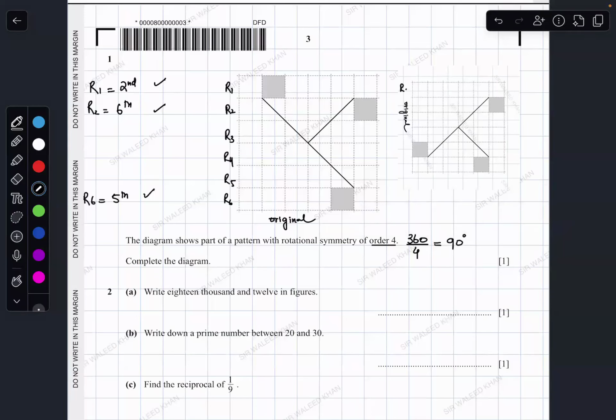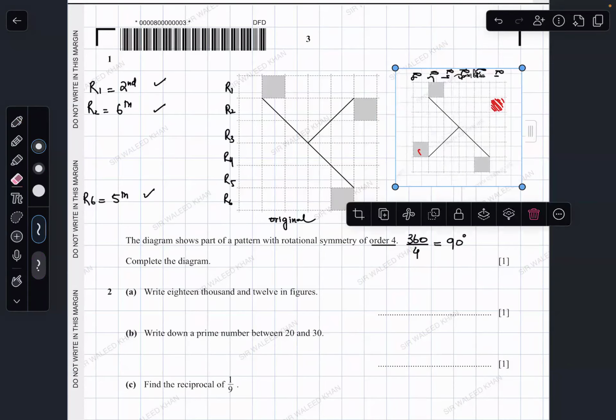Row 1 at the top, row 2, row 3, row 4, row 5, and row 6. In the first row, the second box is not shaded, so let's shade it. In the second row, the sixth one is shaded, that's fine. In the fifth row, we are not concerned with that. In row 6, the fifth should be shaded. And you just have to shade one more box, so that's it.